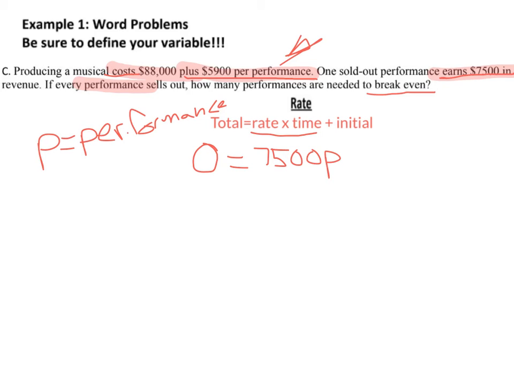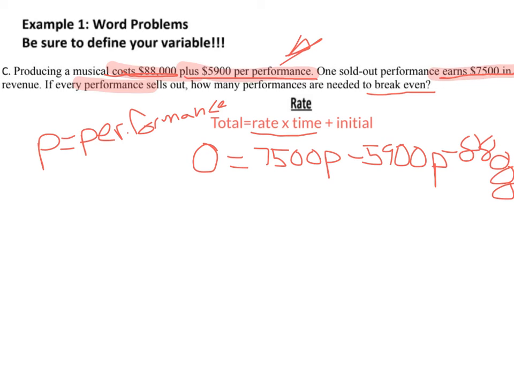Revenue is positive. If we're looking at the 5,900 cost, that is minus 5,900. And before we even get started, it had that cost of 88,000. So this is going to be minus 88,000. Oh, let's see if we can squeeze that in there. And that's going to get us set up.